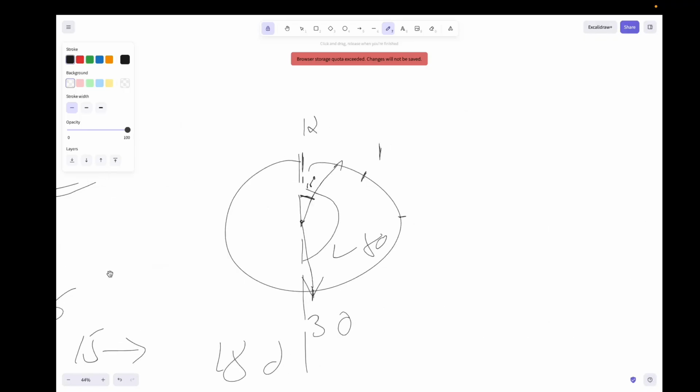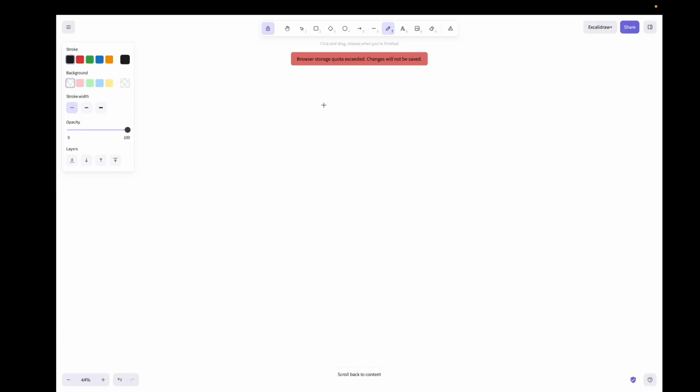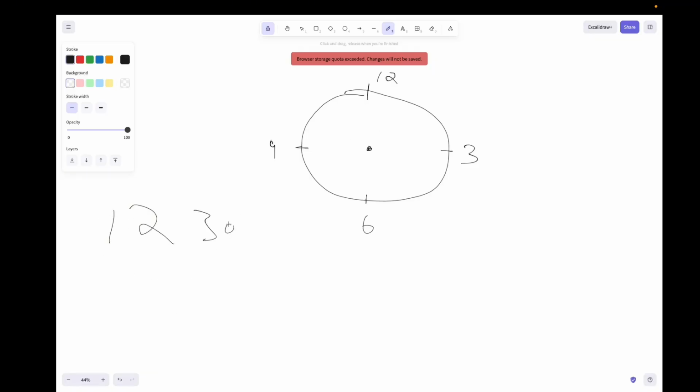Okay, let's think about it again. In the clock, right? 12, 3, I'll just take 6, 9. So the center. In the first situation I have 12:30, and then I have 3:15.